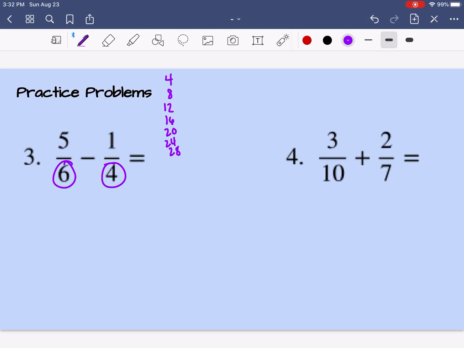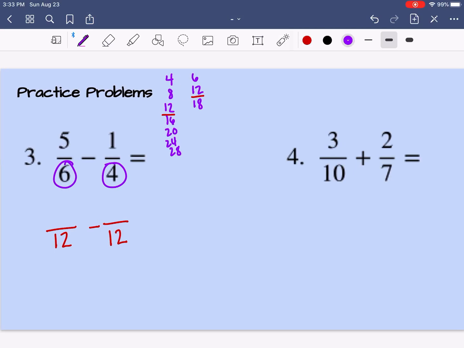And I'm just going to stop there. Our 6, 12, 18. Oh, hold on. I need to stop because 12 has shown up on both lists. So that means that my common denominator is 12.